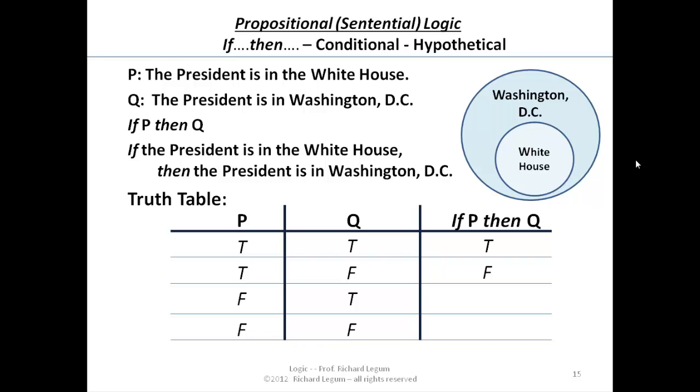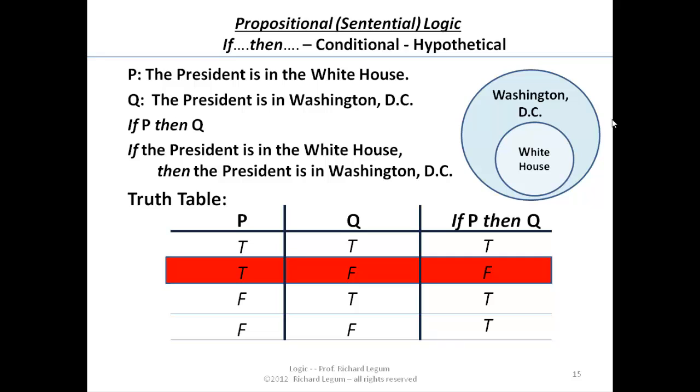if the antecedent is false, it doesn't matter what the consequent is, right? Because if it's false that the president's in the White House, that if-then is vacuously true. It doesn't matter true or false. But the critical thing to note here is that there's one case in which an if-then statement is false.